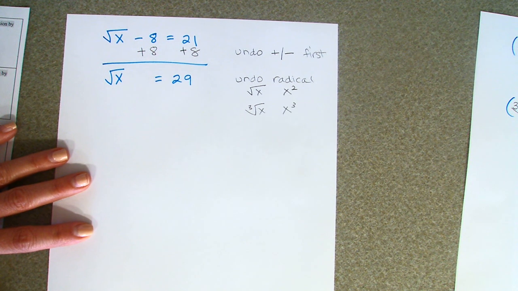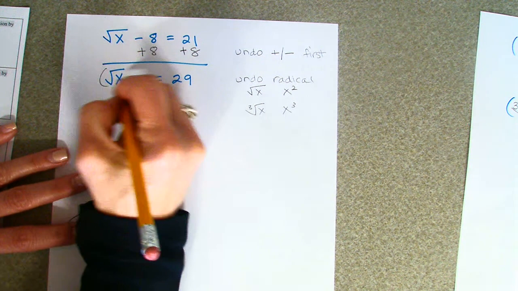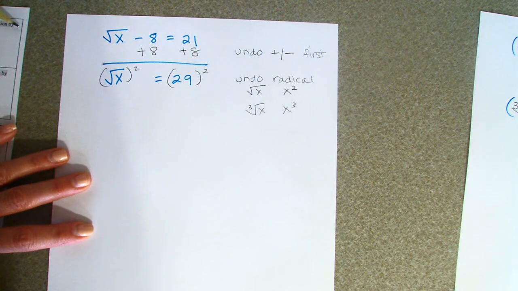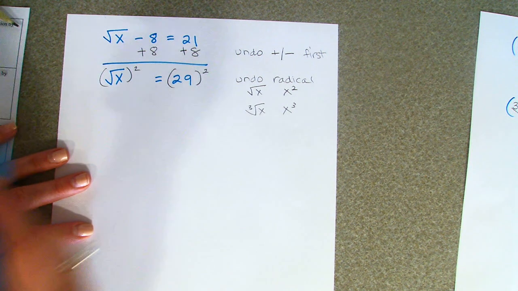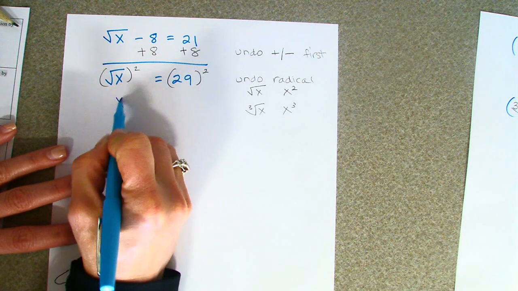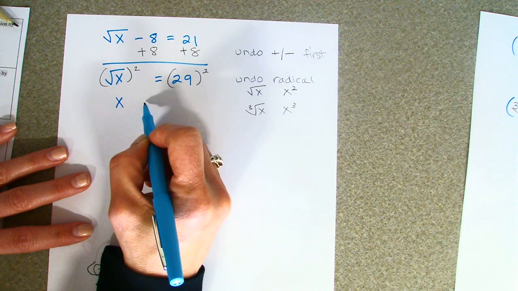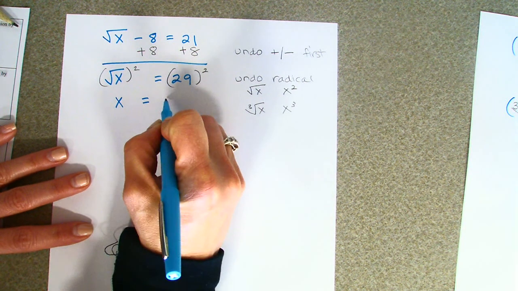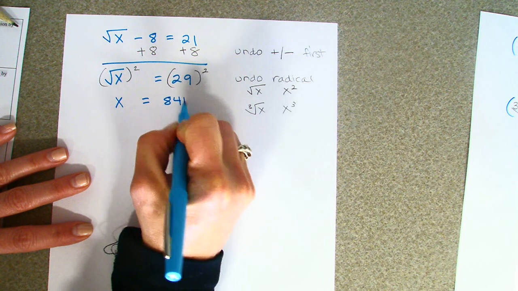So in order to get rid of it, we're going to square both sides of the equal sign, because what you do to one side, you need to do to the other. So when we square this, we're left with x. And when we do 29 squared in our calculator, we get 841.